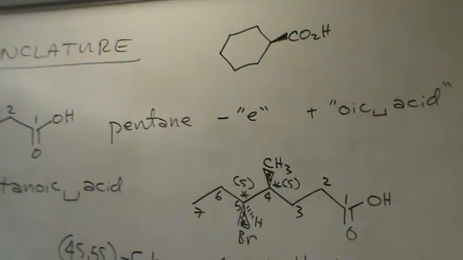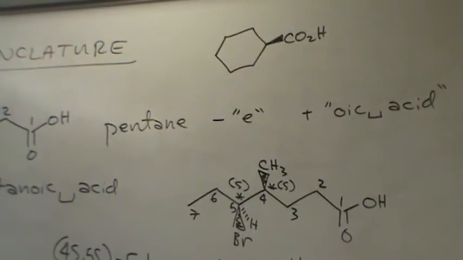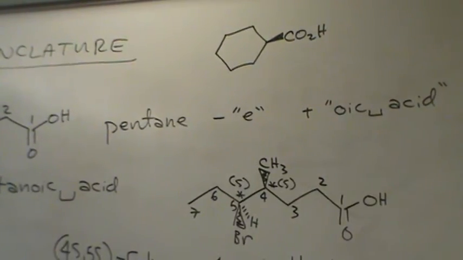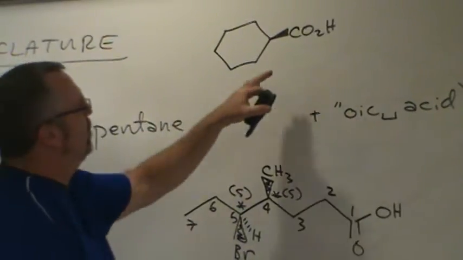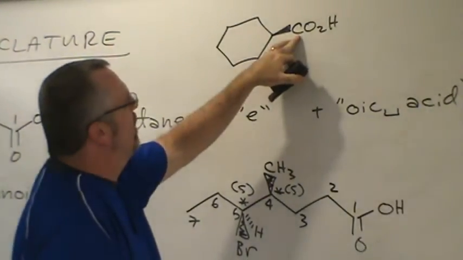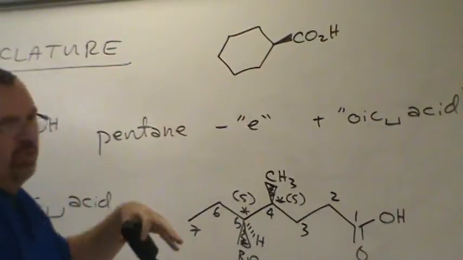Now in this case, you could try to use the same convention. Instead of calling it cyclohexane, you call it cyclohexanoic acid, except that you see there's a problem with that because this carbon of the carboxylic acid is not part of the six-membered ring. So it doesn't really work.